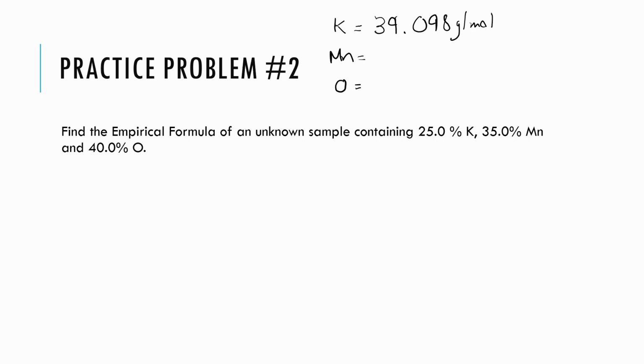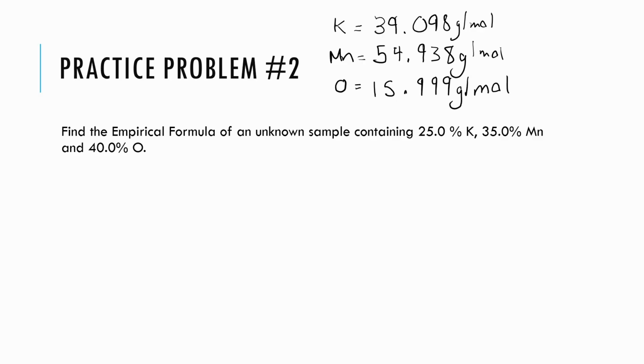Now, we also have Mn here, and so that's going to be manganese. And for manganese, it's going to be 54.938 grams per mole. And then for oxygen, we have 15.999 grams per mole.